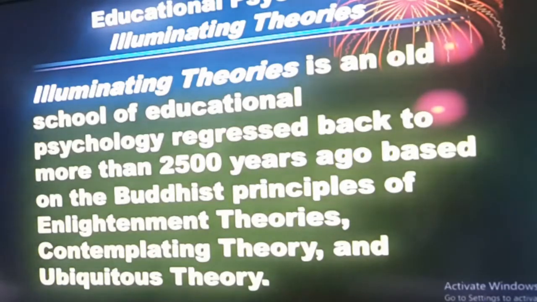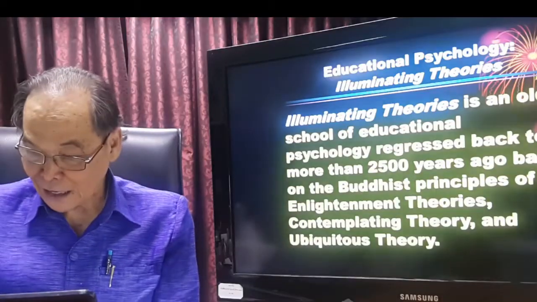So illuminating theories comprise three things that you keep in your mind. First, enlightenment theories: knowing without learning. Contemplating theory: learning from what's inside you. And ubiquitous theory: learning everywhere at any time.